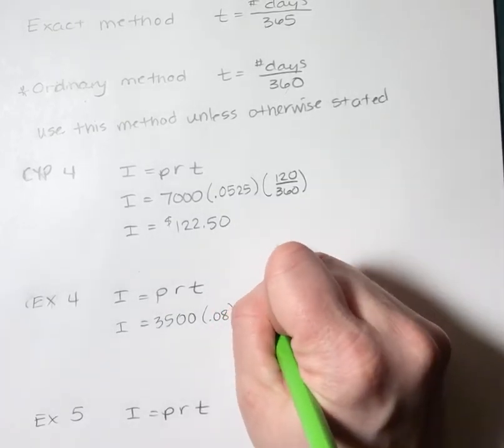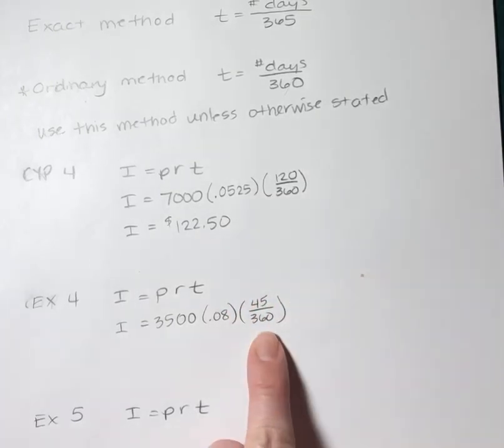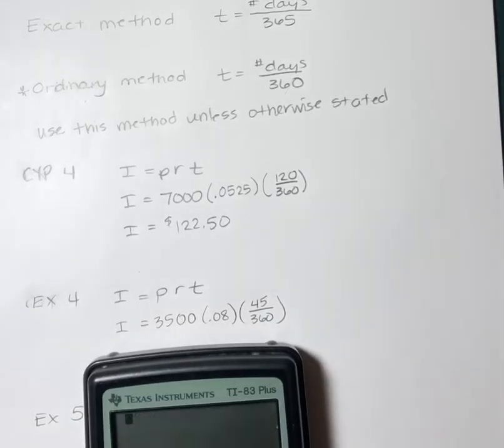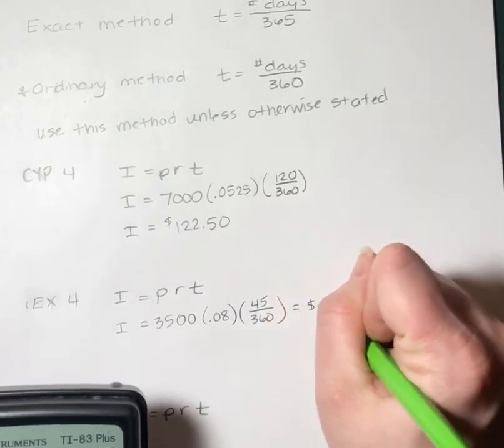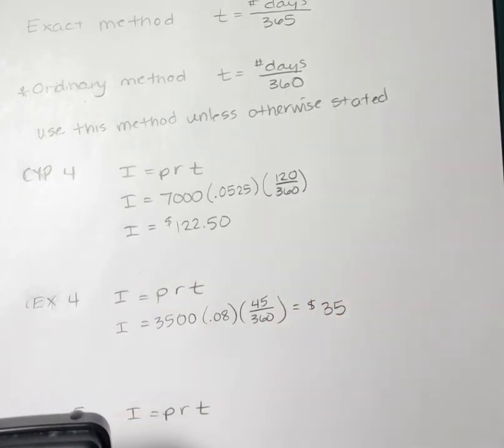So 45 out of 360. Again, unless otherwise specified, we're going to use out of 360 days. So we have $35 in interest. Okay.